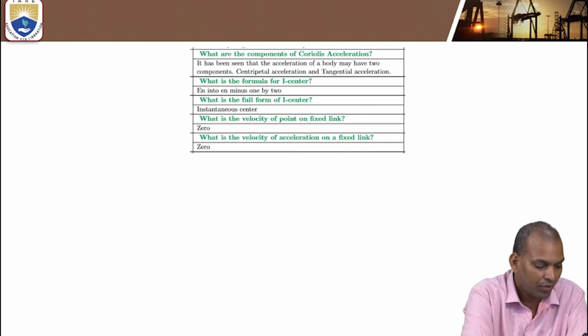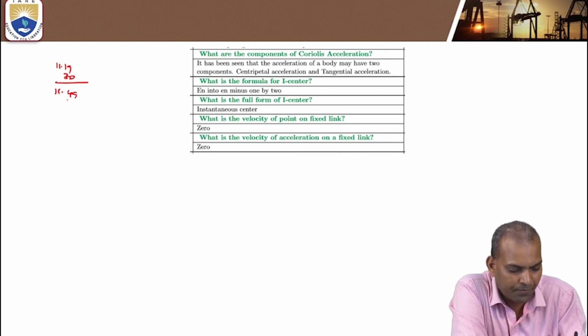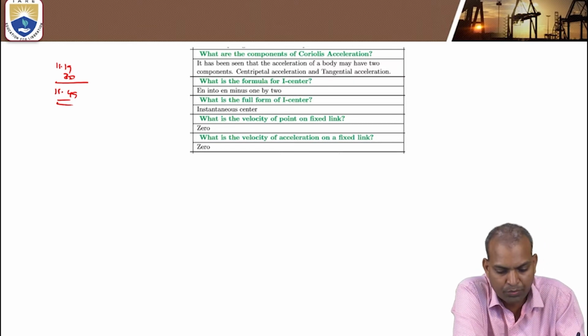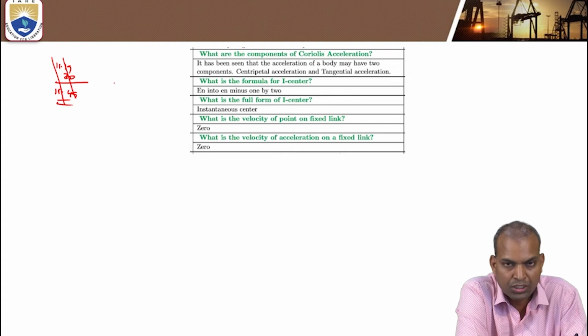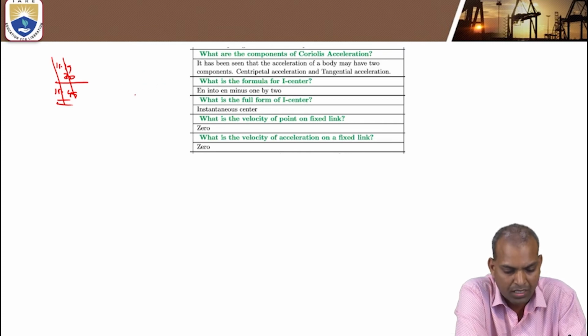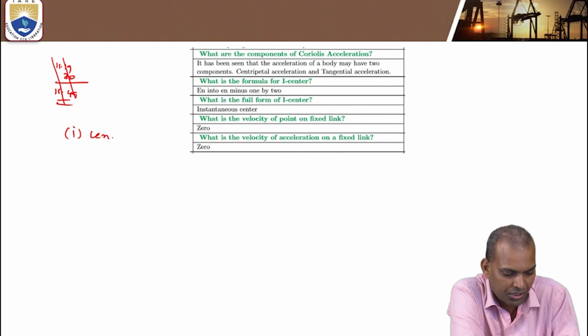Next, what are the components of Coriolis acceleration? In this Coriolis acceleration, for the acceleration of a body, there are two components. Number one, the first component is centripetal acceleration.